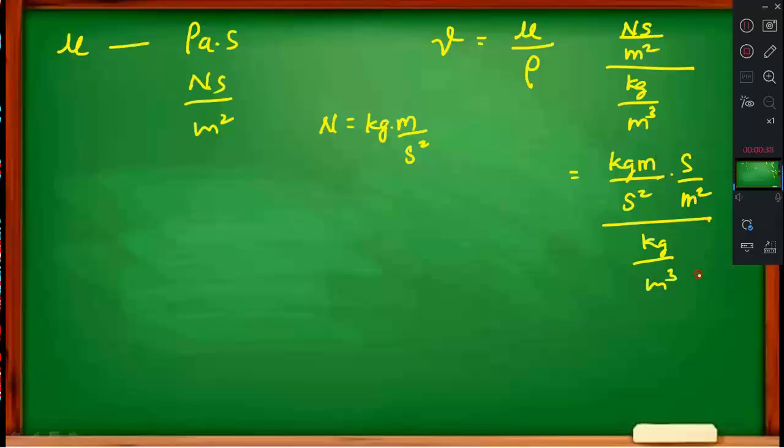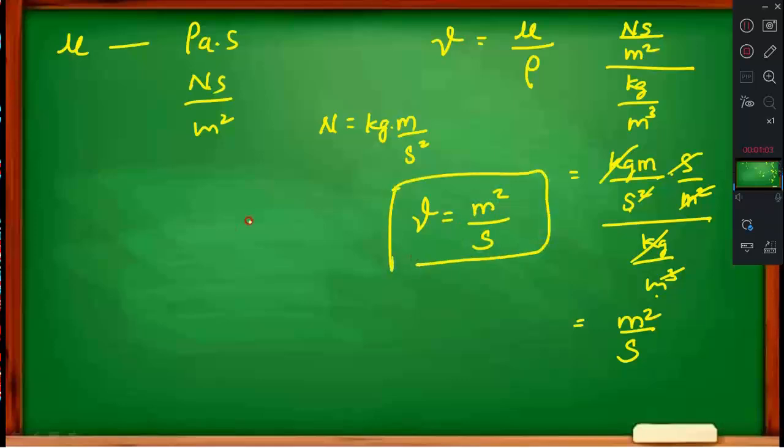Then kg cancel, meter cancel, second cancel, and what remains is meter square per second. Therefore your kinematic viscosity is meter square per second.